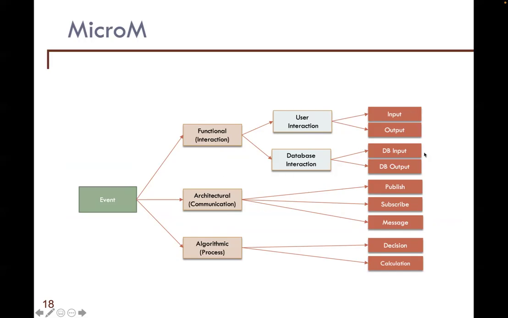Database interaction can be a database input, database output. And then we might have communication events that might be publish, subscribe, and sending a message. And then we might have algorithmic events, which might be a decision or calculation. So these are the things that we count as a size to create the software size using the problem analysis definition.